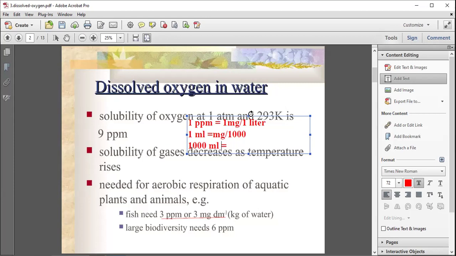Sorry, one. They are mentioning the 1 milligram is equal to 1000, right?